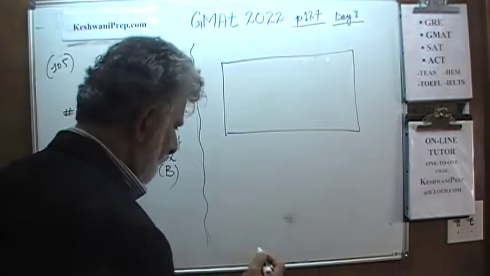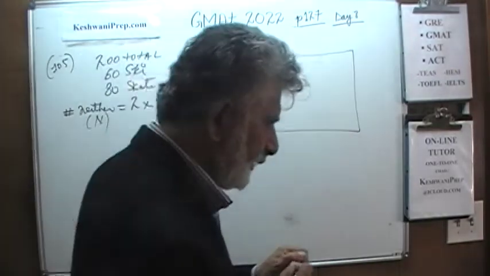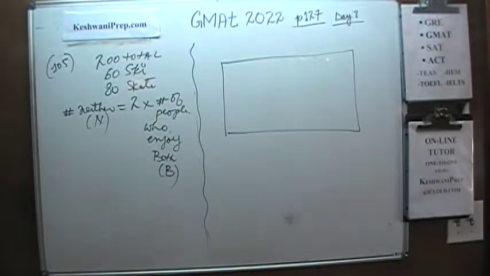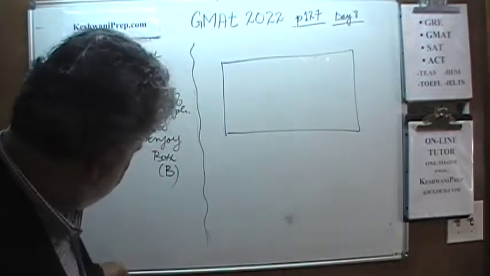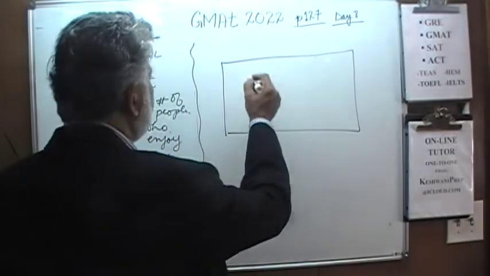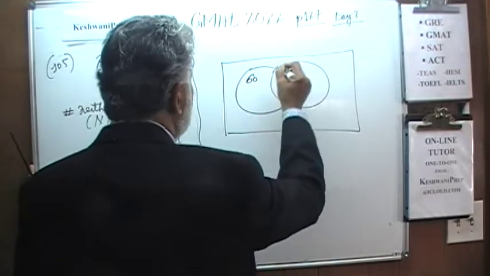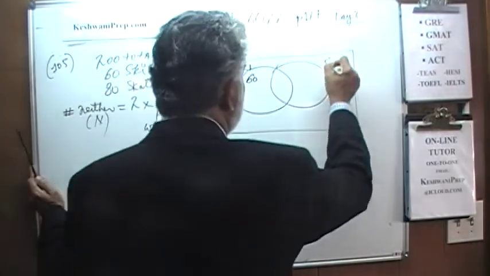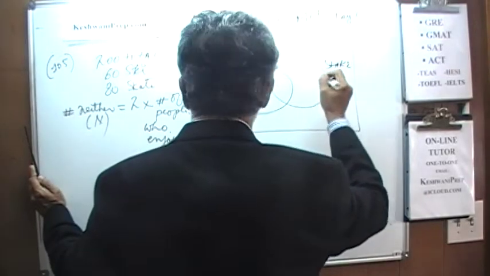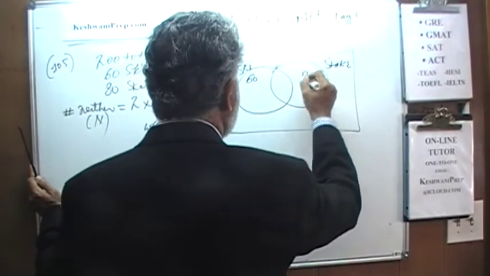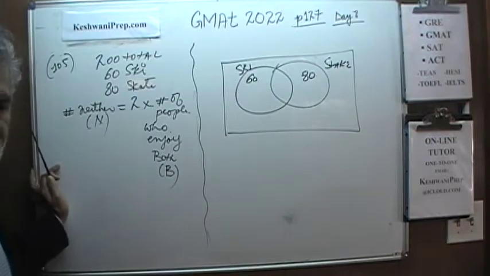I'm going to change this marker because there's not much life left in it. So, let's do ski. We have 60 people in there. Let's do skate. We have 80 people in there. And then we have people who prefer both.